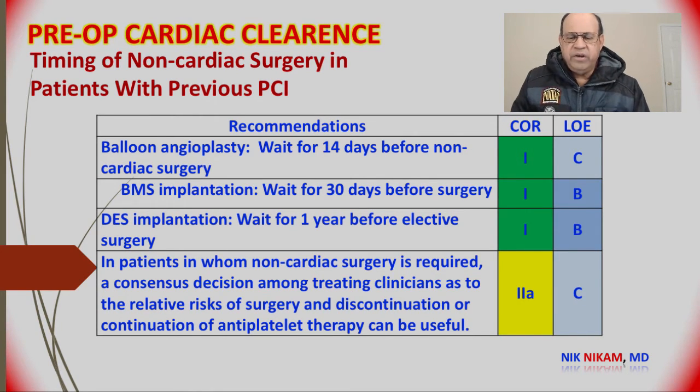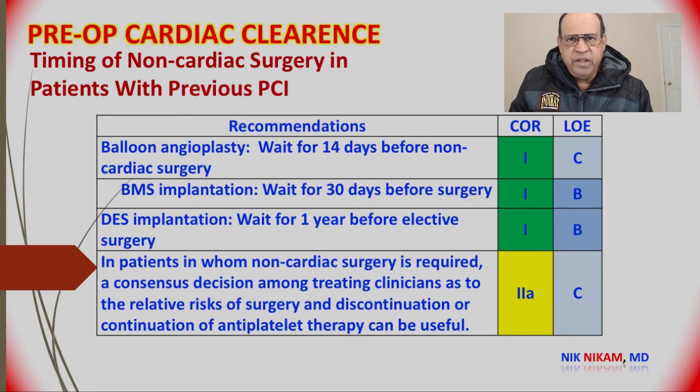The real question comes up as, should we put a bare metal stent or a drug-eluting stent? That depends on the type of surgery this patient is going to go through. If it's a surgery that can wait for 1 year, then it is reasonable to put a drug-eluting stent.